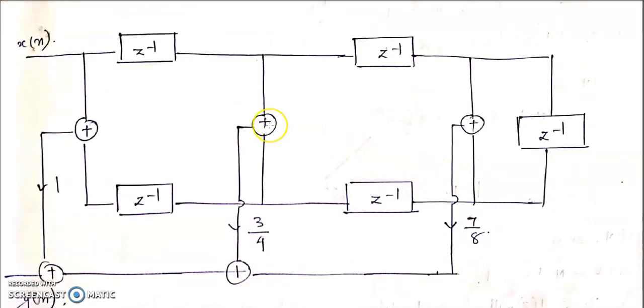You can check the previous figure and this one. Here the filter length is even. Here we combine, this is x of n and this is x of n minus 1, and here the point is x of n, here x of n minus 2, and here x of n minus 3, here x of n minus 4, and here x of n minus 5.